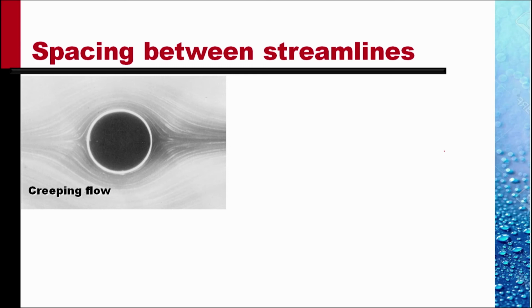There is no separation. If we mark a few streamlines, we see a central streamline going like this and another streamline going like this. The spacing between two streamlines here is less than the spacing there.